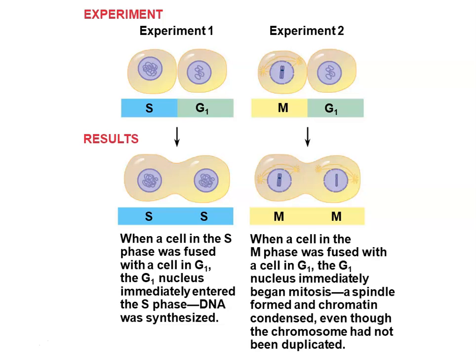When the two were fused together, it caused the cell that was in G1 to start to go through that duplication of DNA. In experiment 2, we took a cell that was in mitosis and fused it with a cell that was in G1. When the cell in mitosis was fused with that cell in G1, it caused the G1 cell to also undergo mitosis prior to going through the S phase, so it did not have its DNA duplicated.